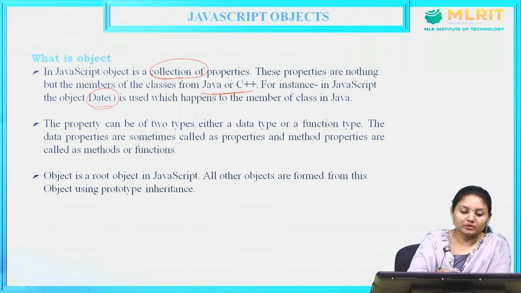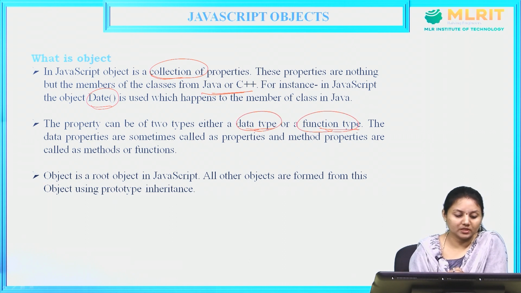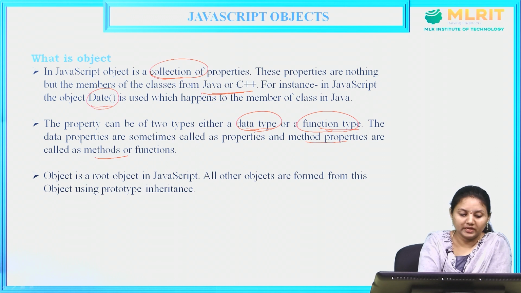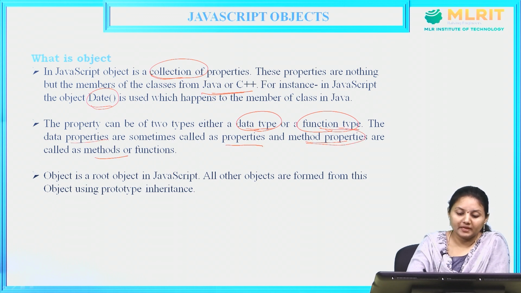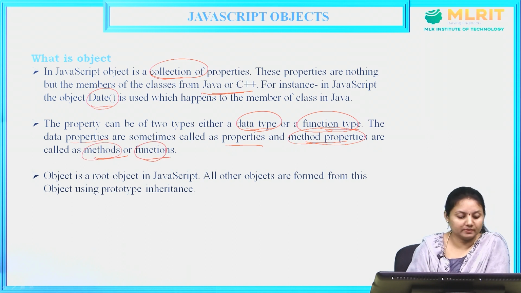The property can be of two types, either a data type or a function type. The data properties are sometimes called simply properties, and method properties are called methods or functions, which anyway we know.